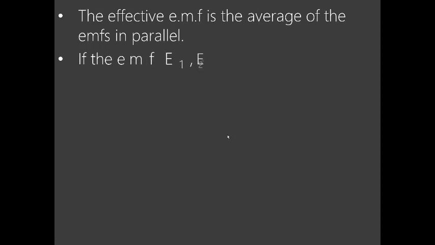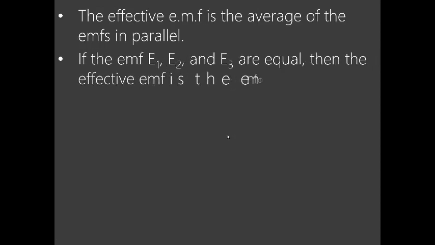So the effective EMF is just the average of the EMFs in parallel. And in most cases, for O level, they give you cells where all the EMFs are equal. So the average of equal EMFs will be just the EMF of one.